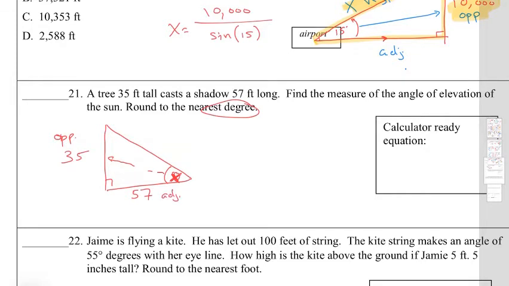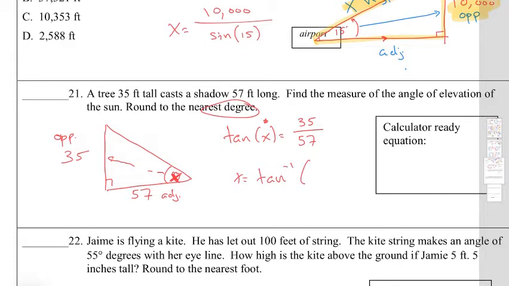The equation I'm going to use is tan, because tan has opposite, which is 35, over adjacent, which is 57. Notice how x is inside of tan, or in other words, I'm looking for an angle measurement. That's telling me I'm going to have to use inverse tan.